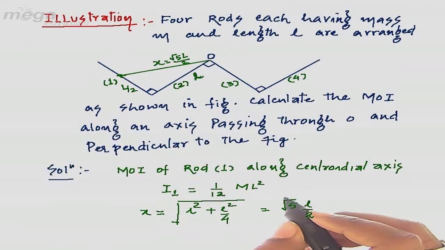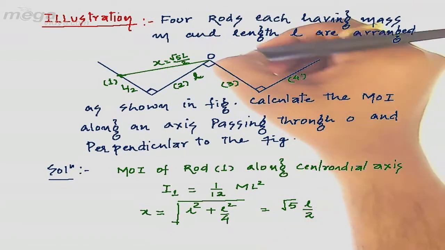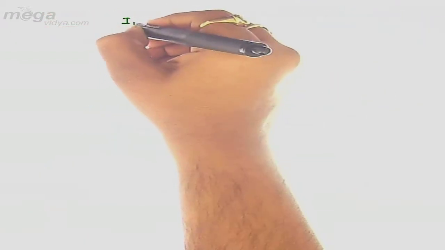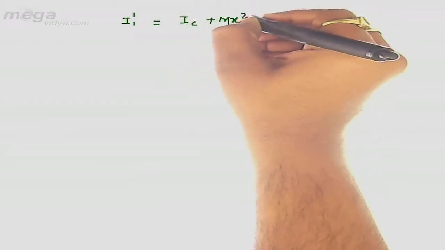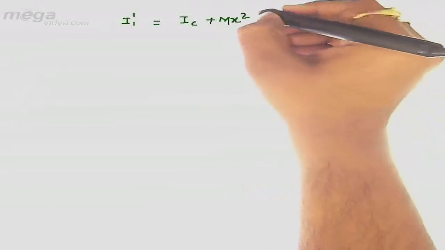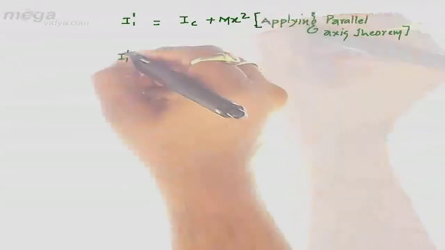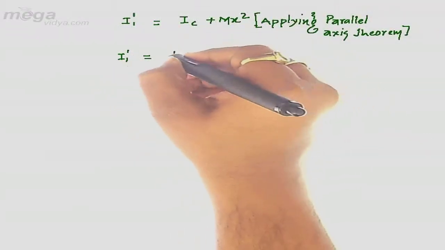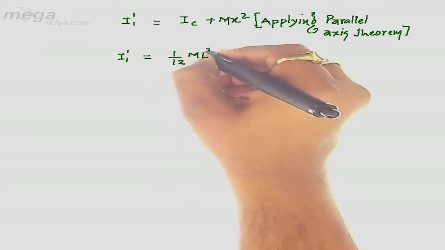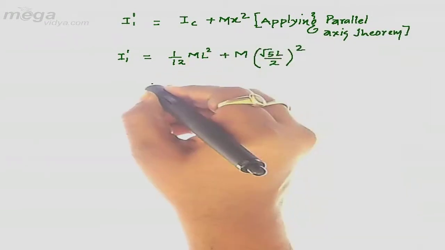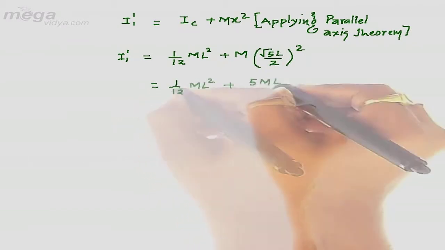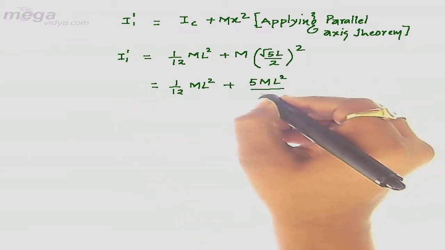Thus the moment of inertia of the first rod about point O, we can write as I1 dash. It will be given as I C plus M D square, or you can say M x square. Applying the parallel axis theorem, the value of I1 dash will be 1 by 12 m L square plus M times 5 L square upon 4.